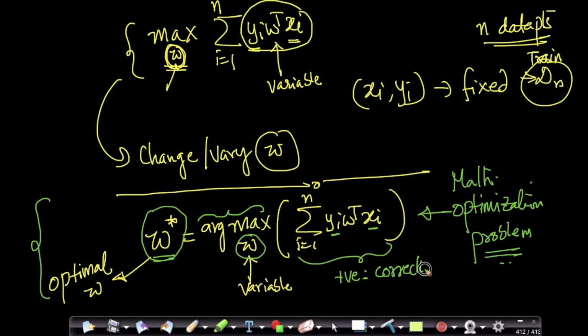If you have incorrectly classified, if you have misclassified, this value is negative. And you're taking a sum of them. When you're taking a sum of them, you want as many positive values and as few negative values as possible. And this is a problem that we're trying to solve in logistic regression. Of course, there are some problems with it. We'll keep improvising this problem step by step.